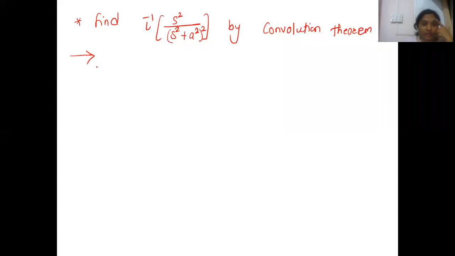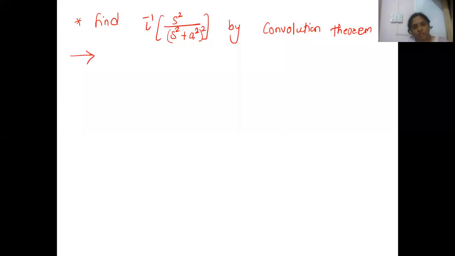Which two are multiplied? There are two such standard functions whose Laplace inverse we can easily find: s upon s square plus a square, and again s upon s square plus a square.